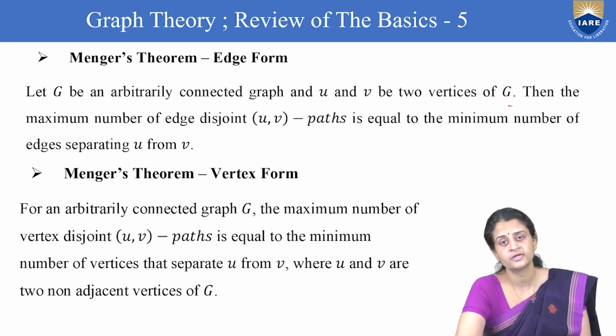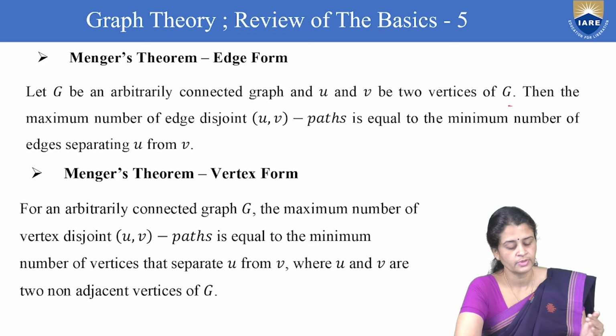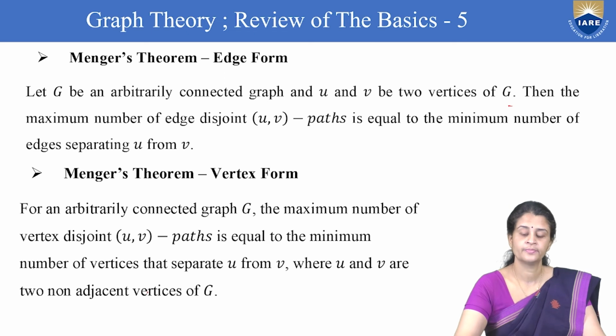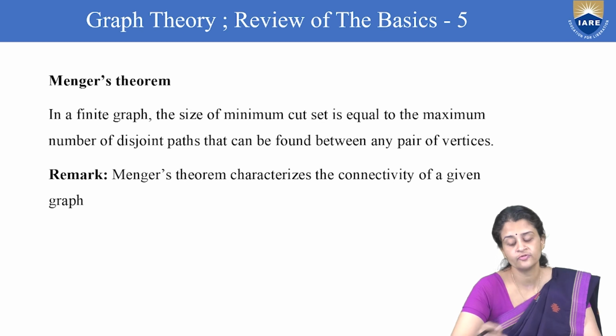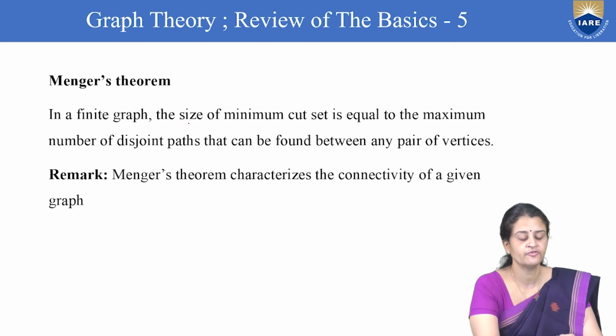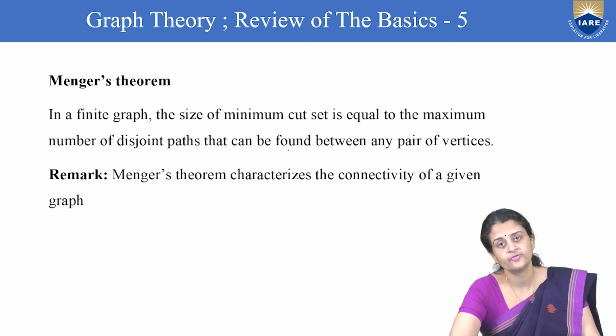So the maximum number of vertex-disjoint UV paths is equal to the minimum number of vertices that separate U from V. Combining Menger's vertex form and edge form, we get that in a finite graph, the size of the minimum cut set is equal to the maximum number of disjoint paths that can be found between any pair of vertices.